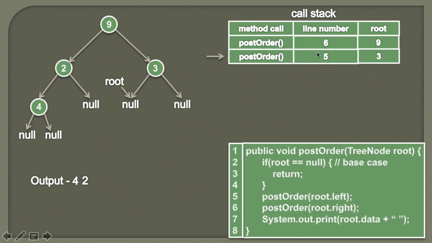And we know that we had left this post order method from the line number 5. So therefore we'll again start our execution from the line number 5 with a root as 3. So currently root is pointing to null. So now it will point to 3. So we are starting from line number 5, and now root will point to node 3.